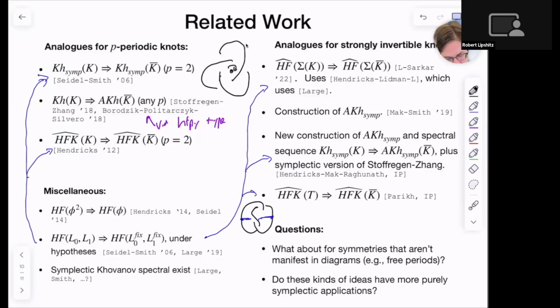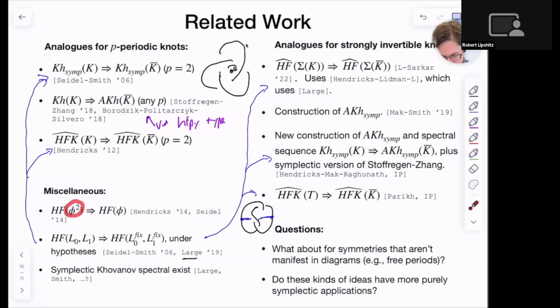Fine. There are a few instances of these sorts of spectral sequences purely in symplectic geometry. So I want to note two. Well, one is these ones for Lagrangian intersection Floer homology that are known, again, under some fairly restrictive hypotheses, though not as restrictive as they used to be. Using those, or a separate idea, Paul Seidel gave a spectral sequence from the fixed point Floer homology of a symplectomorphism phi, its square, and phi.